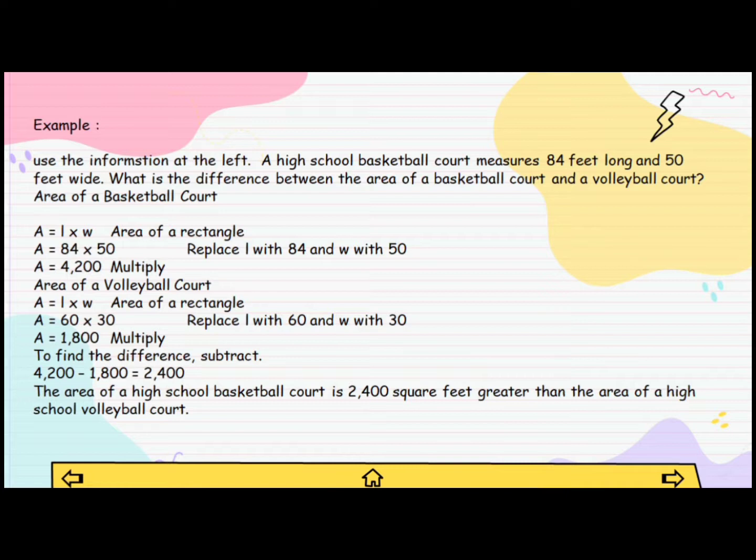The way to solve this problem is with the formula we discussed earlier, A equals length times width, and then we get the result. And we have the final answer. The area of a high school basketball court is 2,400 square feet greater than the area of a high school volleyball court.